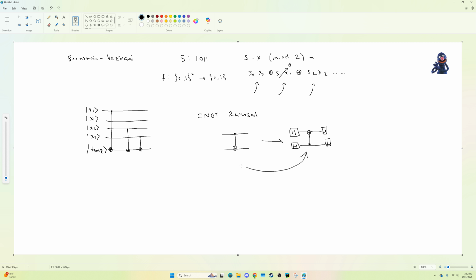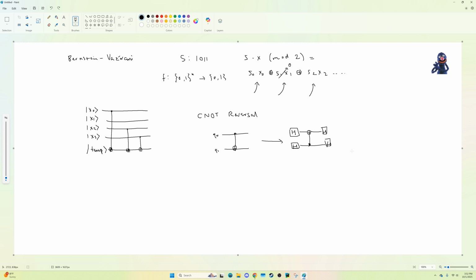So these two circuits are equivalent. You're going to get the exact same result, and you can verify that using matrix algebra if it's not convincing. But otherwise, you can just take that as a result and know that these two are equivalent. So essentially, if Q0 is the control and Q1 is the target, then applying this sequence will flip it so that Q1 is the control and Q0 is the target. This is what the circuit on the right does.